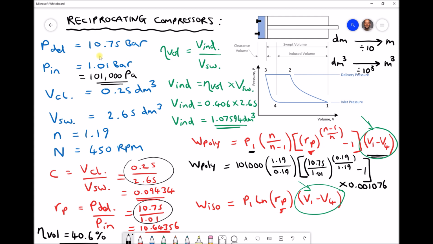We need to take care when we input this into our calculators, and I would urge you to do this for yourself and check it a couple of times to ensure that you can generate the same answer more than once. When I input this into my calculator, I get a polytropic work value per cycle, and note this is every cycle because we're using the induced volume of our cylinder. That value comes out to be 312.27 joules.